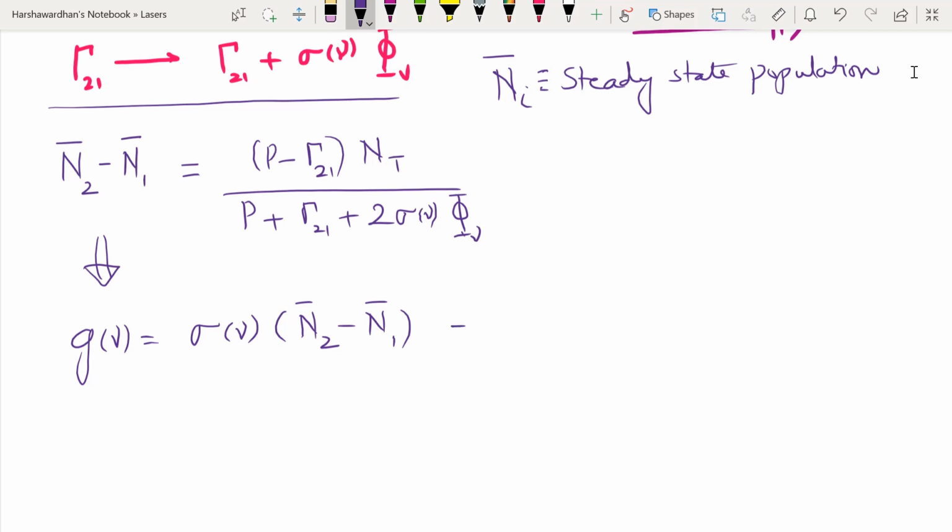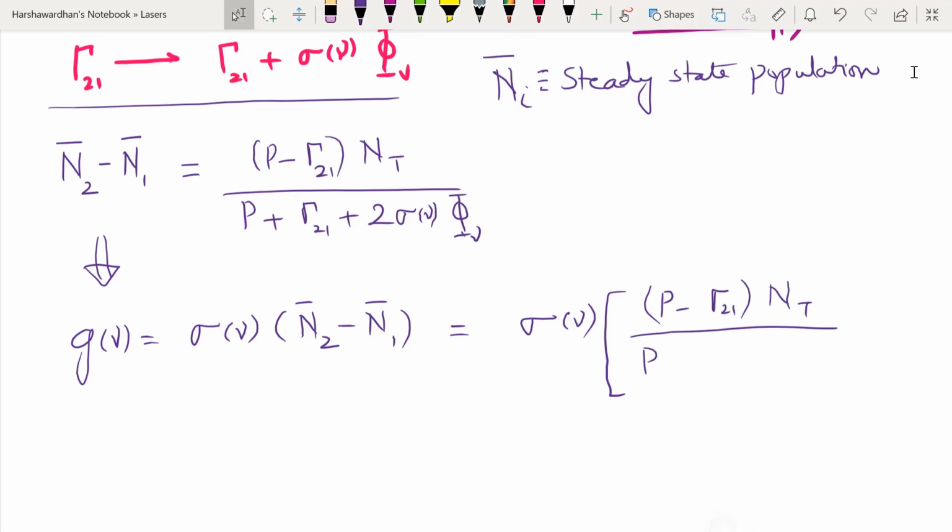So this leads to sigma nu times P minus gamma 21 in the numerator, and N total. Recall that the minimum pumping was equal to gamma 21, and that was at threshold. So now we're asking what happens beyond threshold, plus 2 times sigma times phi.